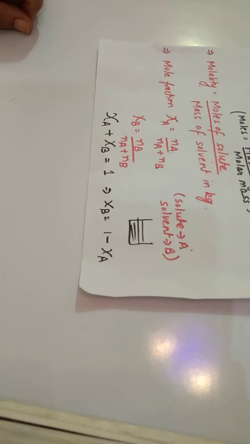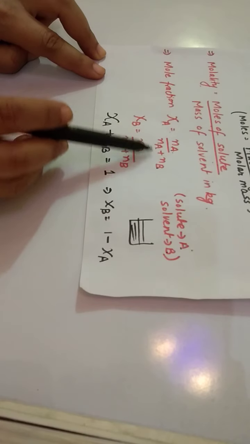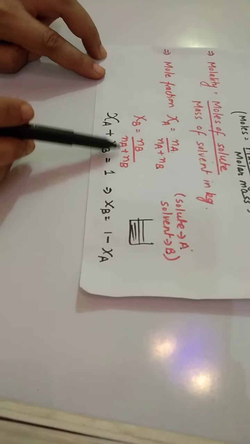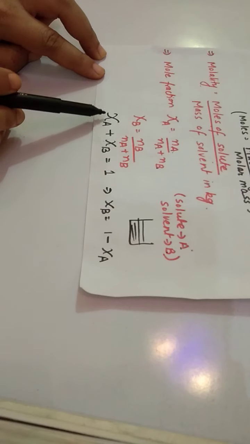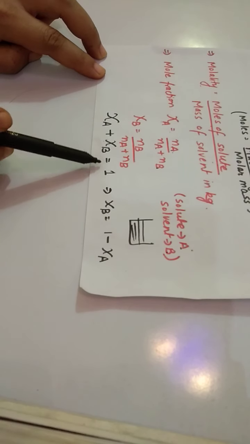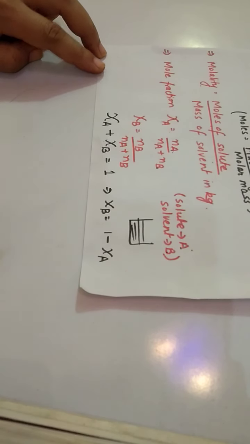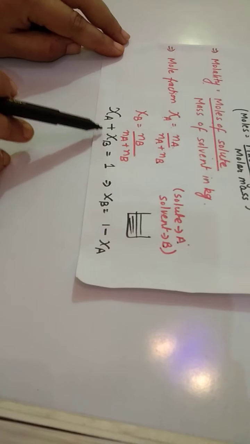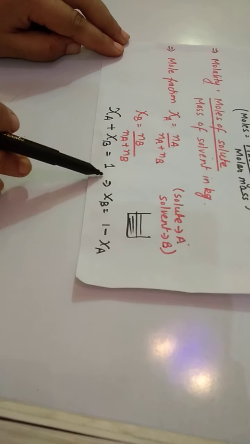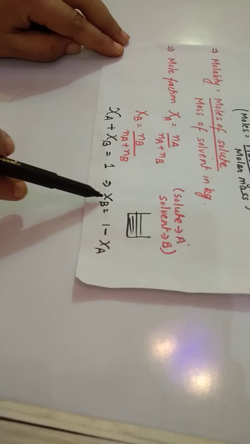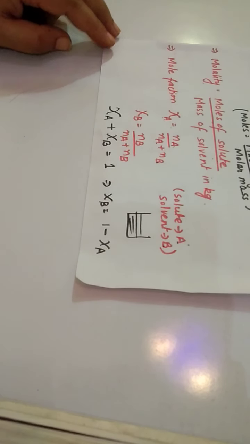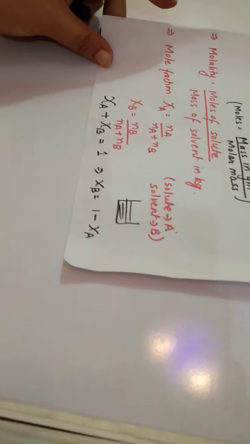You should know it. So mole fraction of A is Na upon Na plus Nb, and mole fraction of B is equals to Nb upon Na plus Nb, and mole fraction of A plus mole fraction of B is equals to 1. Or you can say, if you want to find out the mole fraction of B, xA will go to that side, and the mole fraction of B will be equal to 1 minus mole fraction of A.